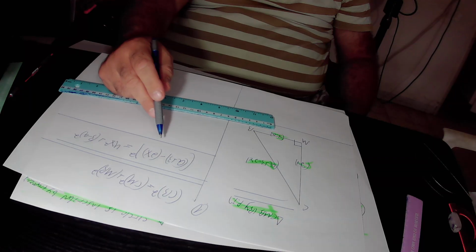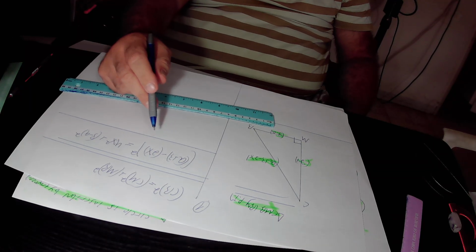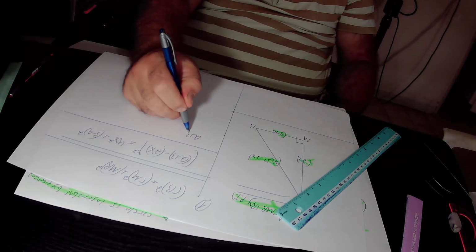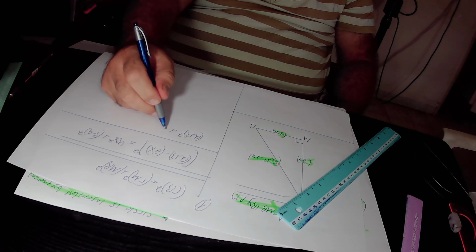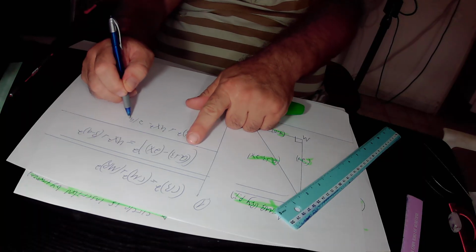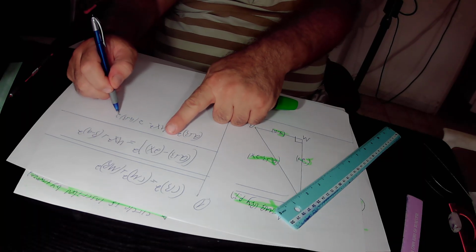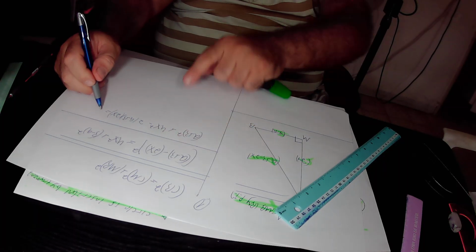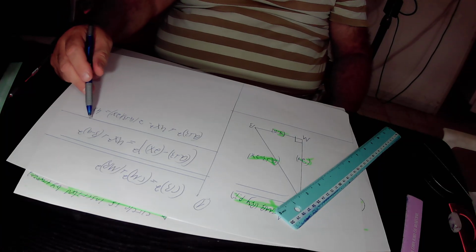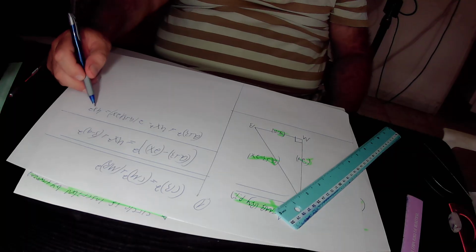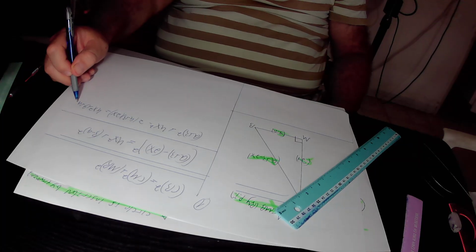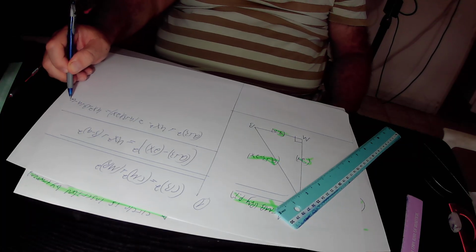So (a plus 3 minus 2x) squared will be equal to (a plus 3) squared plus (2x) squared, that is 4x squared, minus 2 times (a plus 3) times 2x. And it equals 4x squared plus (3 minus a) squared. (3 minus a) squared equals 3 squared, that is 9, plus a squared, minus 2 times 3 times a, that is minus 6a.